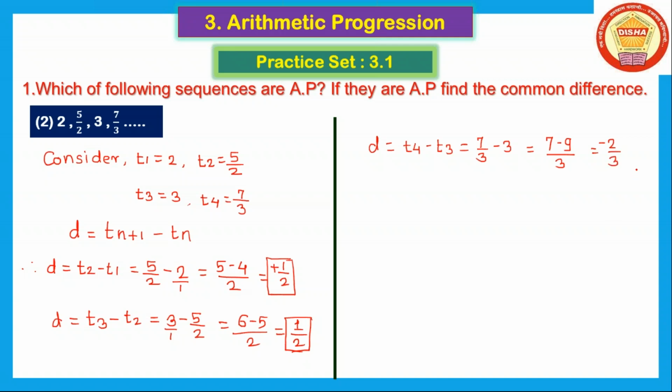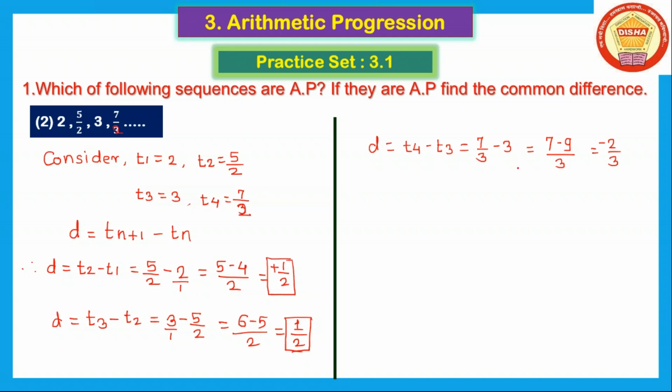See, the first difference obtained between the first two consecutive terms is 1 upon 2. Then the difference between the next terms is 1 upon 2. Here we would have 1 upon 3, which is not equal. But here is one little mistake: the fourth term is not 7 upon 3, it is 7 upon 2.